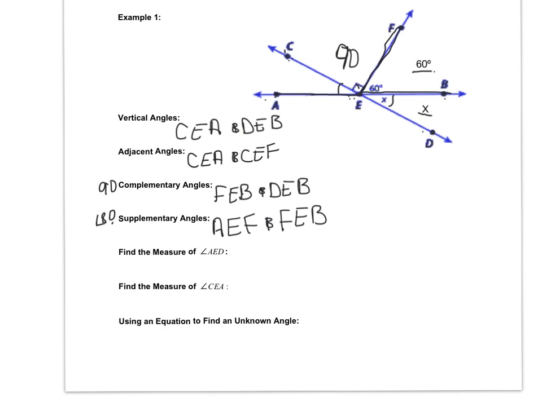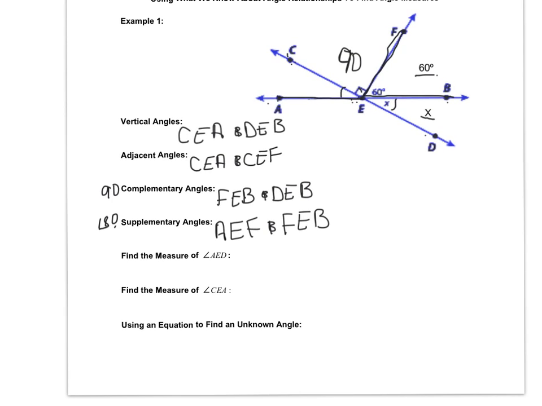Now we need to find the measure of AED. This is where we really rely on what we know about these angle relationships. To locate angle AED, that is right here. Angle AED, that's this larger angle.